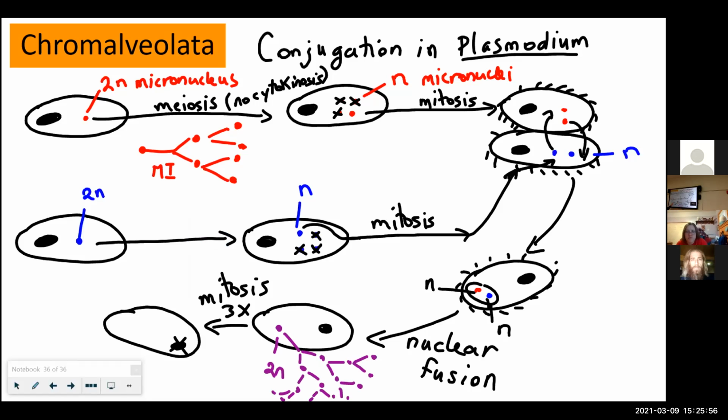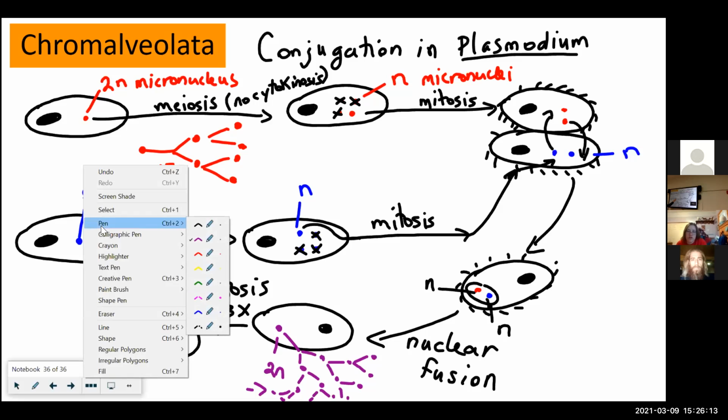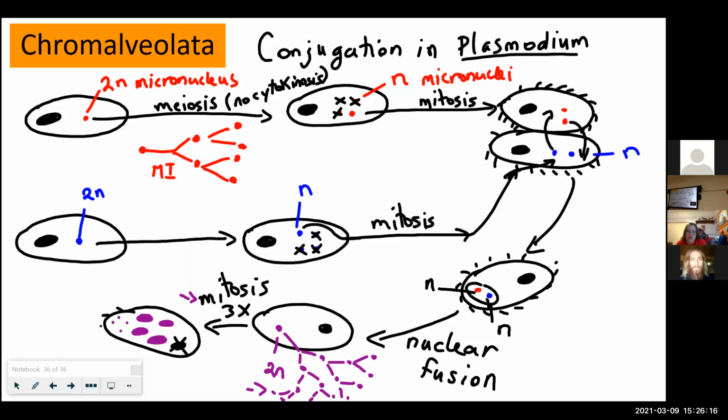Four of these after the 3 rounds of mitosis, 1, 2, 3, 4 of them become macronuclei. 4 of them remain micronuclei. We're still all inside of one cell. It's kind of insane.